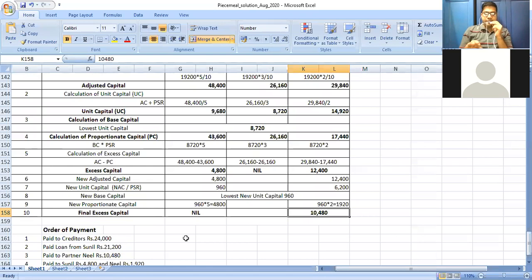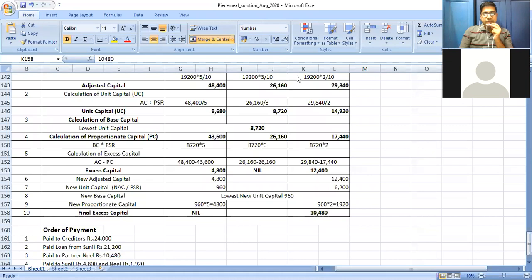The first preference we have to give to the creditors, because in our problem creditors are there. It is not mentioned whether they are preferential creditors or secured creditors, there is no type of creditors, so we can give the first preference to creditors for payment of the liability.